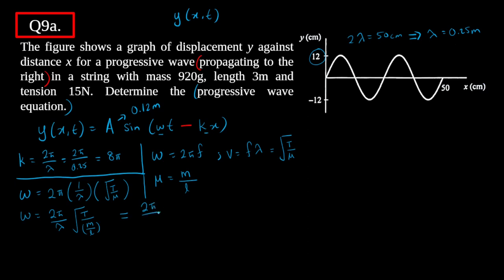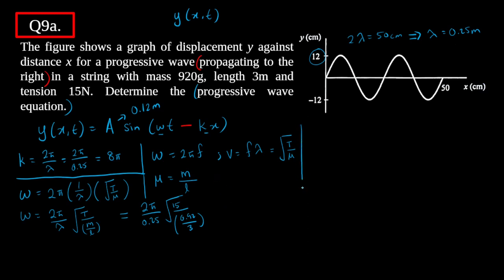So 2 pi over lambda, where lambda is 0.25. And then I have the square root of tension, which is 15, over m over L. So m is simply going to be 0.92, and then I have the length of the string, which is 3 meters. I want to square root the whole thing.